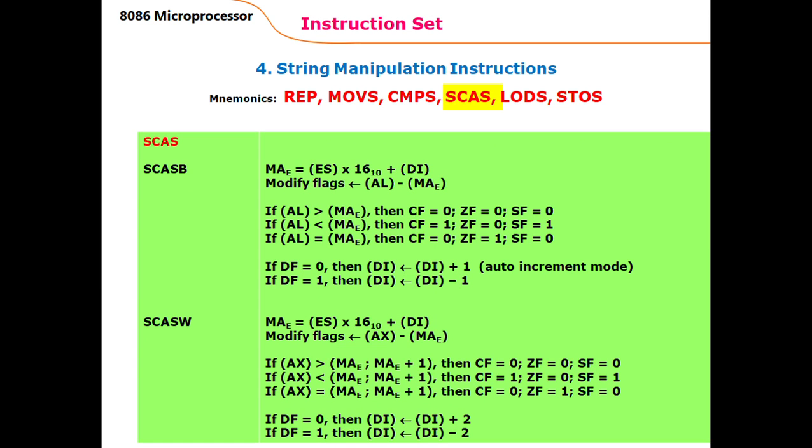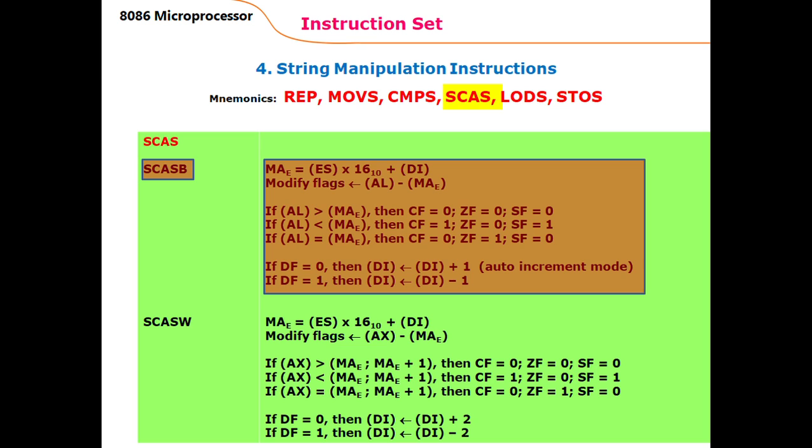Here are some different forms of scan string instruction, and the first form of this instruction is scan string byte. So this instruction is operating on byte, and remember that this instruction is using extra segment with DI to provide the offset address.